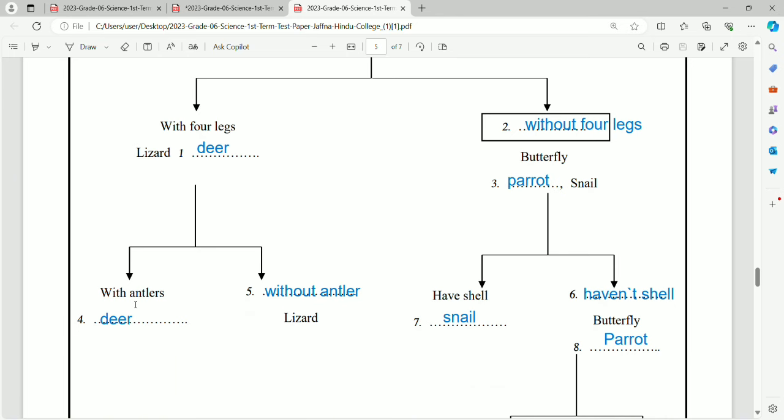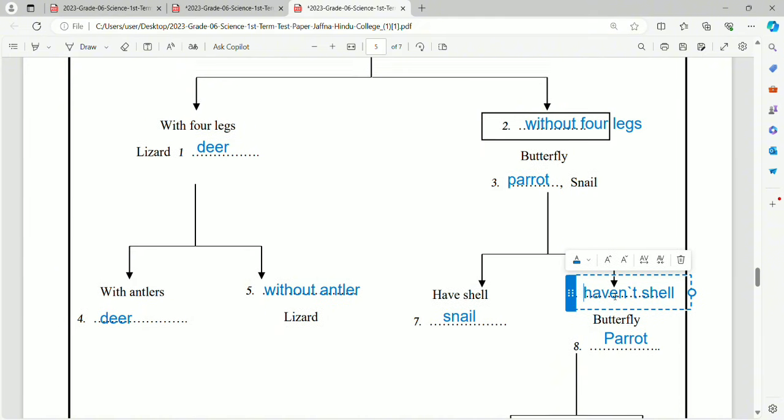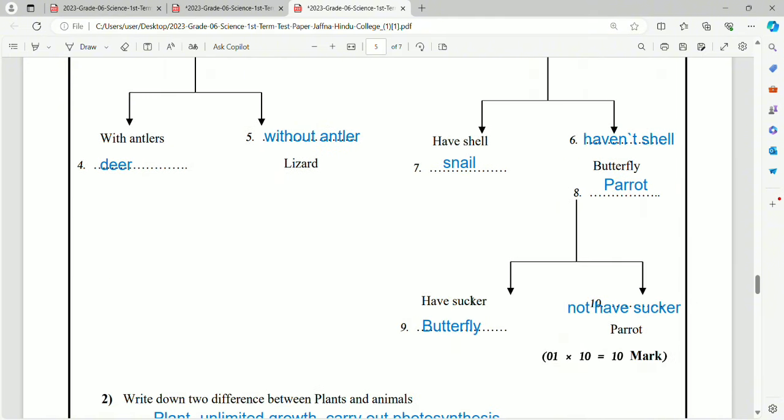Here with antlers, we have to write here without antlers. Here have shells, we write have shells or no shells. Here have suckers, we write no suckers or have beaks, or something like that.